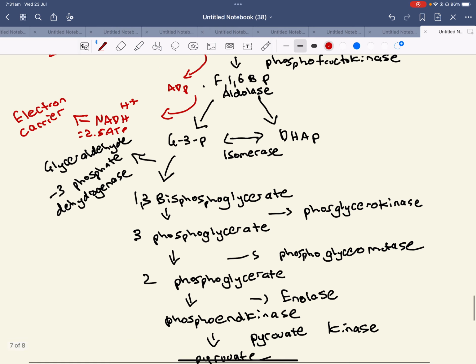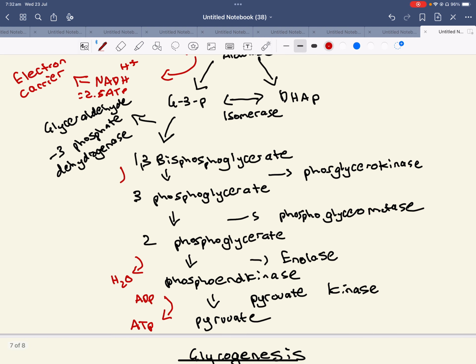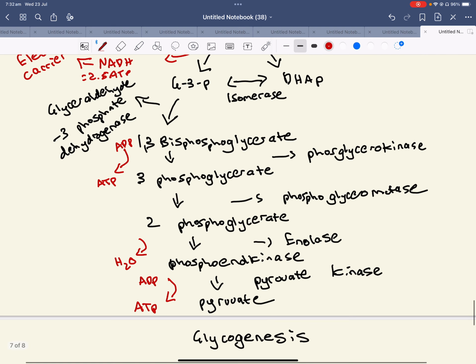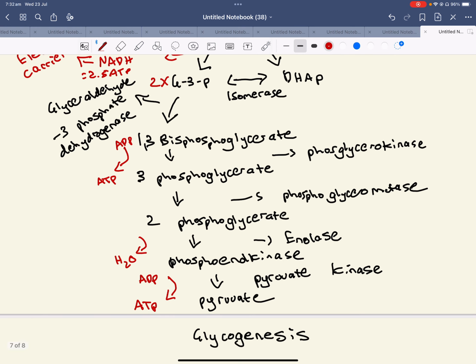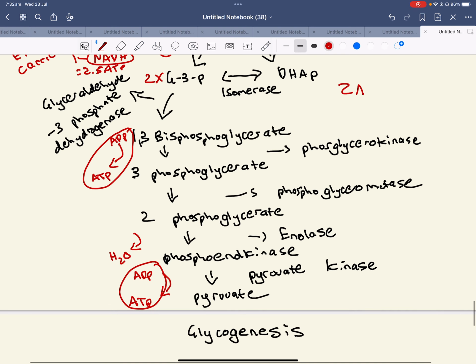Now, we generate ATP here at the end. We generate water here. We generate ATP here again. That's it. So I just want to mention now, we have 2 glyceraldehyde molecules, so this happens twice. So what happens is what? We got 1 ATP here, 1 here, we've got 2 NADH here, so that's 2 ATP plus NADH, remember?